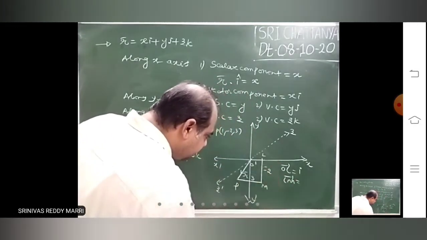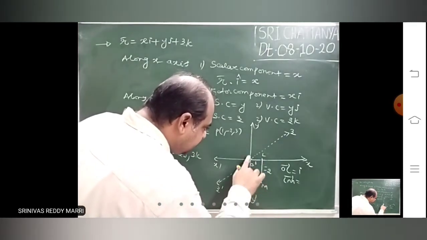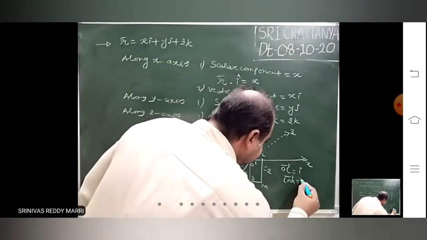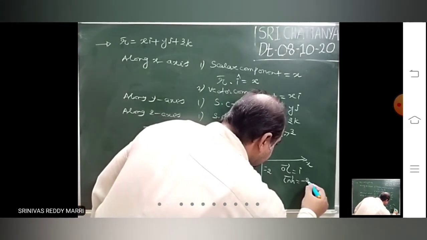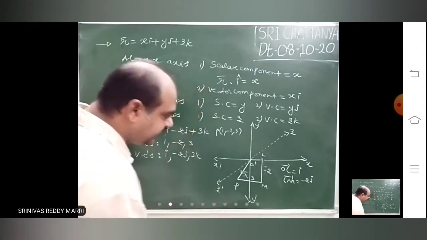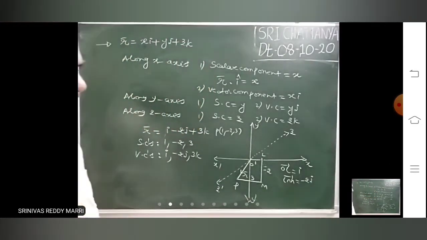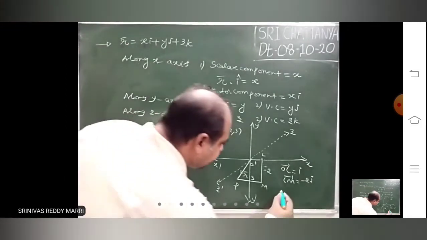Towards negative, this length is 2, and this side unit vector is minus j. This is actually 2 into minus j, that is minus 2j.